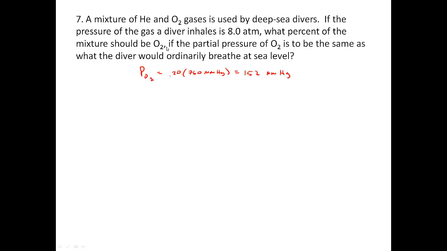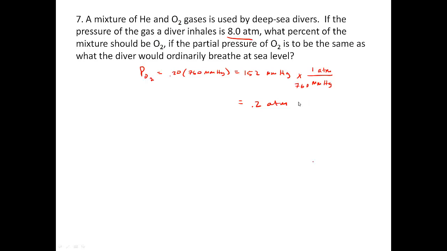What percent of the mixture should be O2 if the partial pressure is the same as what the diver would ordinarily breathe at sea level? Well, we're talking about atmospheres here. Let's go ahead and turn this into atmospheres. We can do that by multiplying by a conversion factor, right? It just so happens that 1 atmosphere is equal to 760 millimeters of mercury. Quick calculation gets us 0.2 atmospheres.